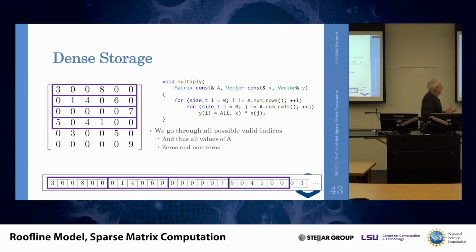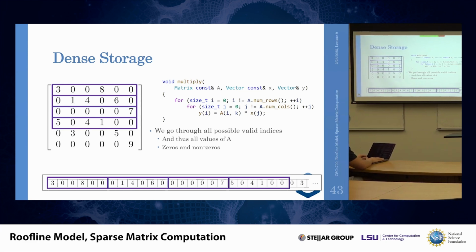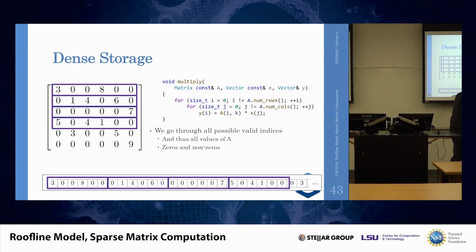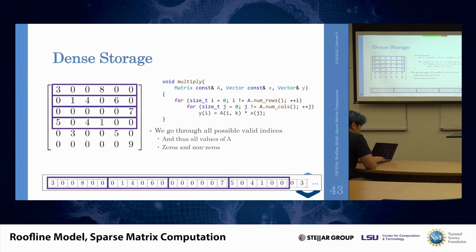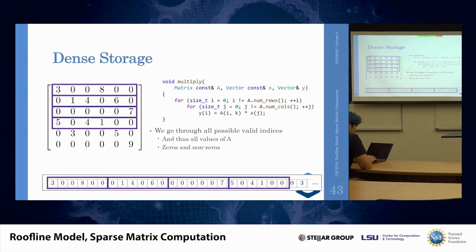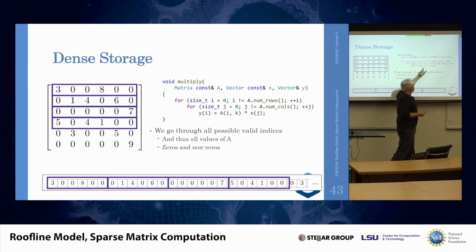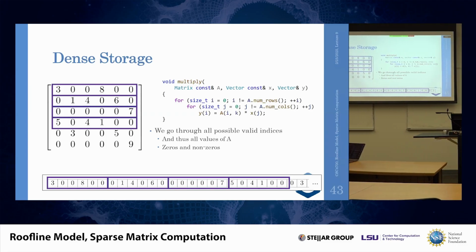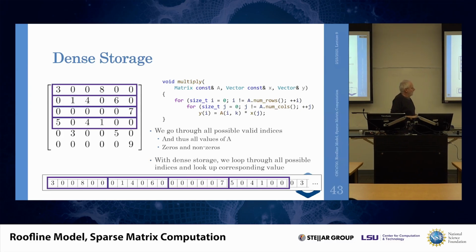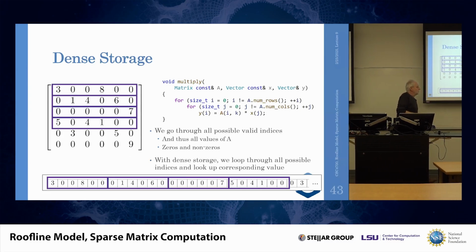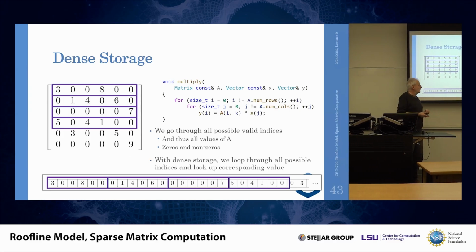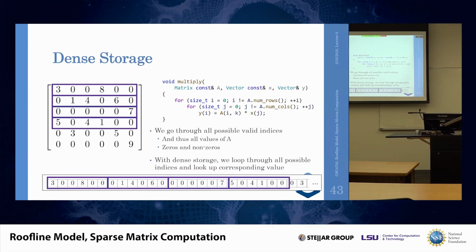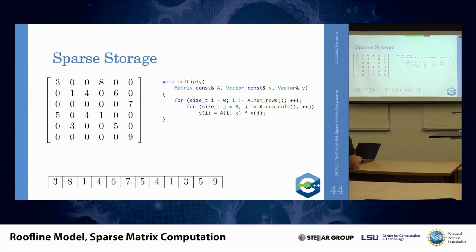So if you look at what we do with that multiplication algorithm when we multiply a matrix with a vector, we see that we go through all possible valid indices and all values of A for the dense matrix, no matter whether it's zeros or non-zeros. So with the dense storage, we loop through all the possible indices and look up the corresponding value. Obviously, that's what we have seen last lecture already.